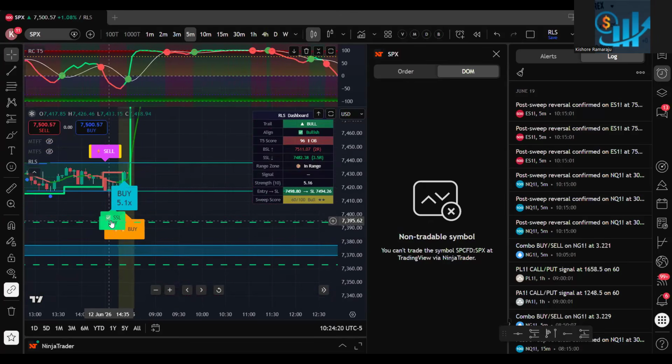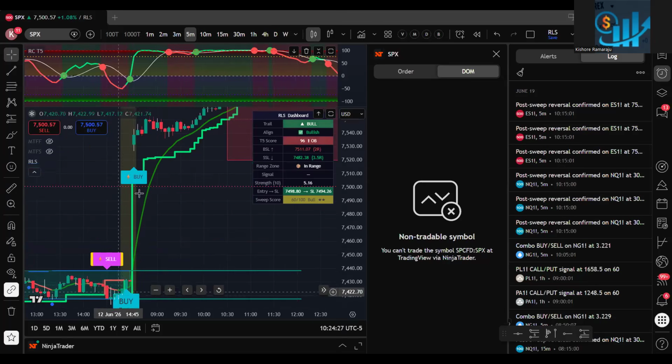Here you got an SSL buy. There was a liquidity sweep, and then you got SSL buy. Then there was a huge bounce on the next day.